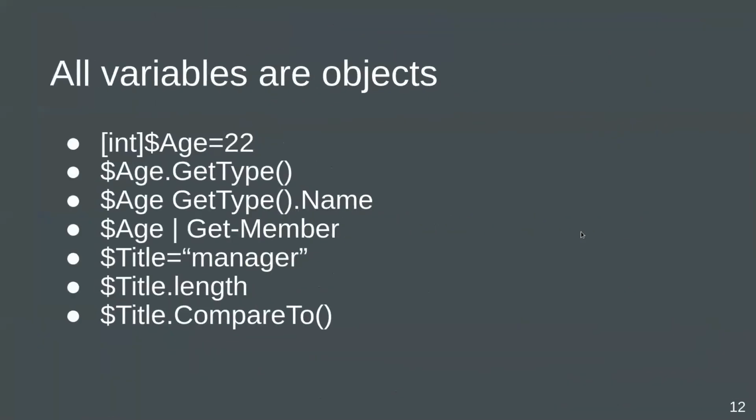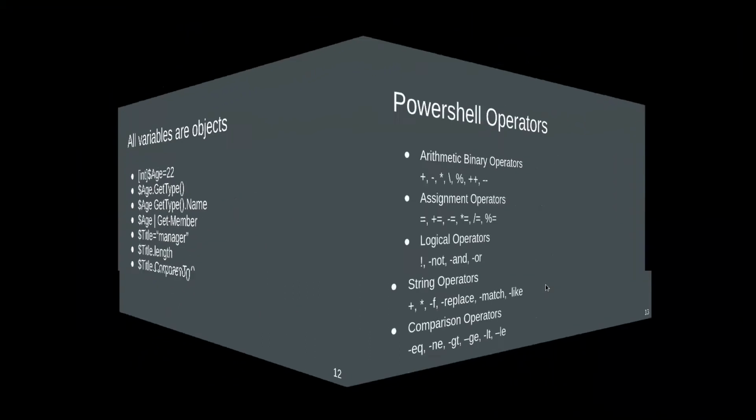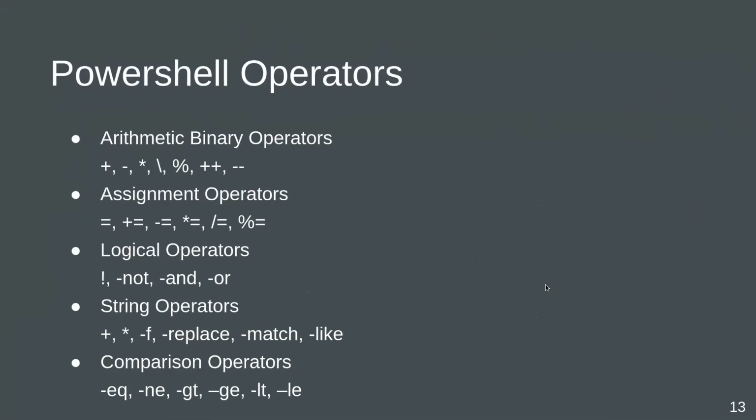All variables are considered to be objects in PowerShell, and here are some examples of variables being assigned. Operators are going to be pretty much exactly the same as they are with Python, apart maybe from division.